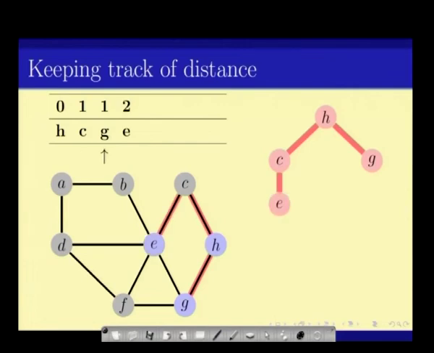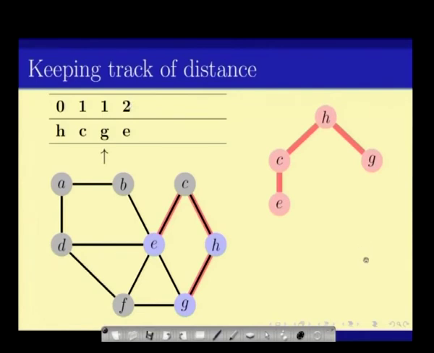Similarly, I look at the neighbor of C, which is E, and the distance of E is 1 more than its parent C, and since C's distance was 1, I put 2 here.